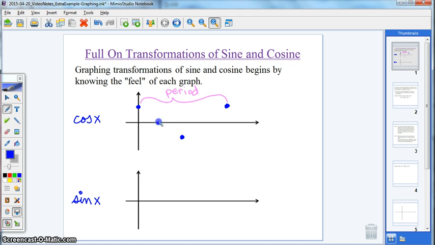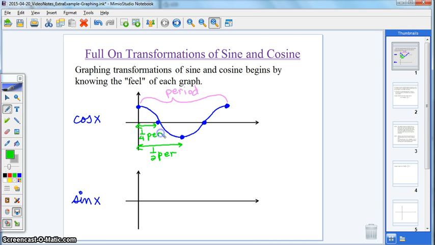And if we then go a quarter of the way through the period, in other words, halfway between a relative max and a min, we have to be at the midline of that graph, or what we call a midpoint. And so one period of the graph of cosine looks like this. Everything there is based upon one full period, as well as a half of a period, and one quarter of a period.